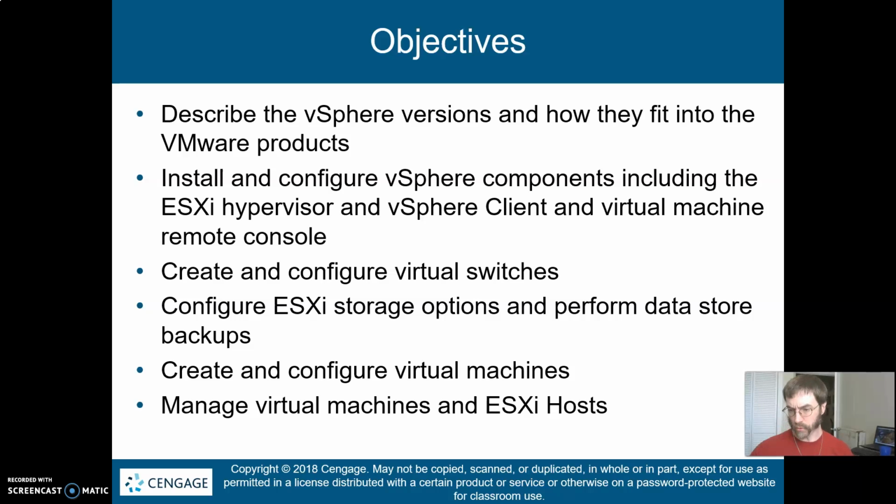Now, one thing to note right off the bat is if you go to VMware.com or on the hub, if you go looking for a vSphere client, you will not find one, because the latest versions of ESXi and vSphere don't support the ESXi client.